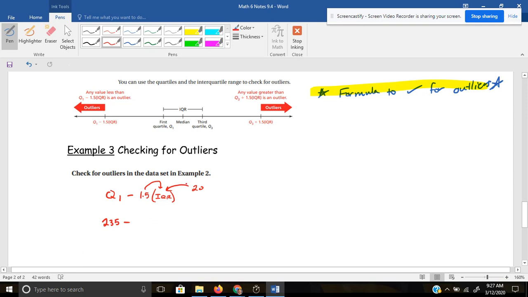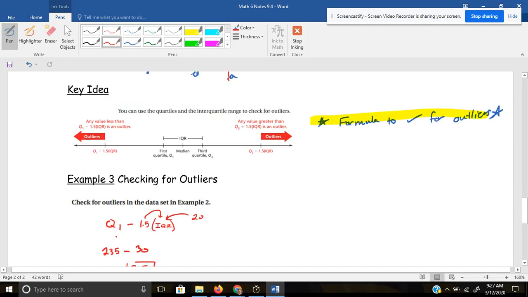So 1.5 times 20 will give you what? 1 times 20 is 20. 2 times 20 is 40. What's between 20 and 40? That'd be 30. So 235 minus 30 would give us 205.